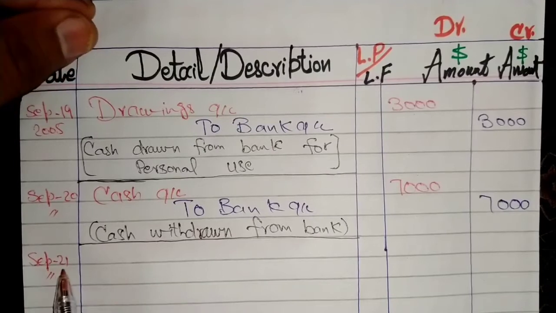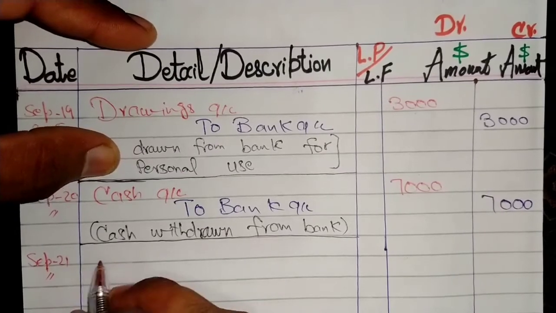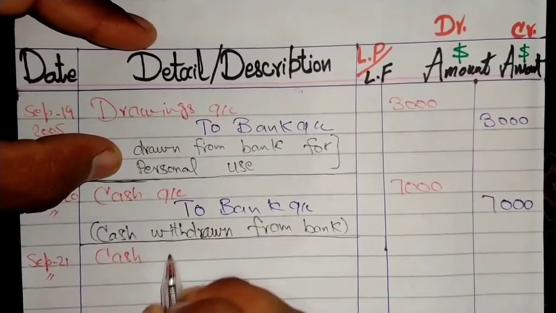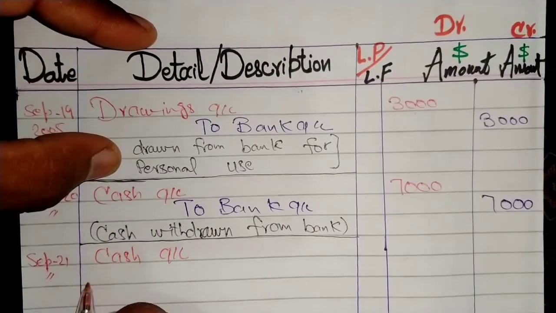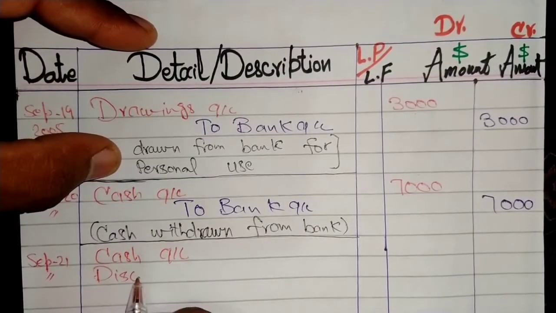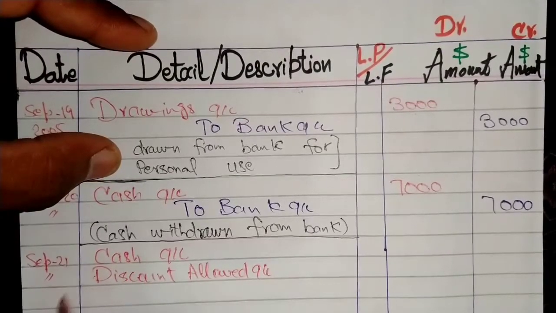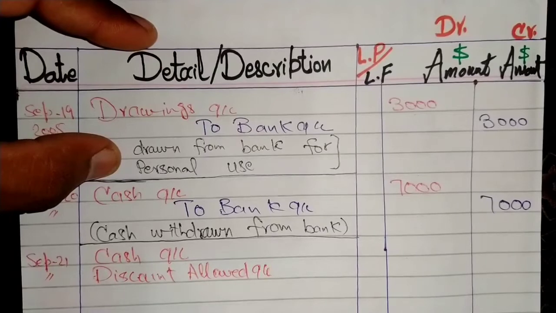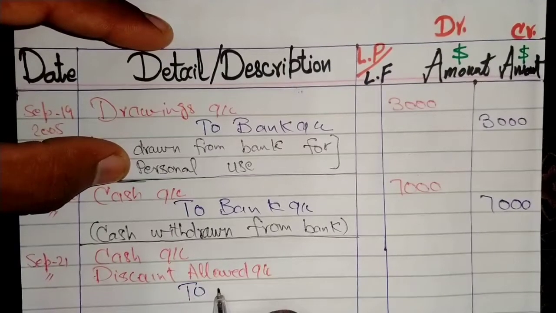Now on September 21st, the business gives a $200 trade discount to Mr. Khurram. So the entry will be: cash account debit and also discount allowed account debit against Khurram account credit.